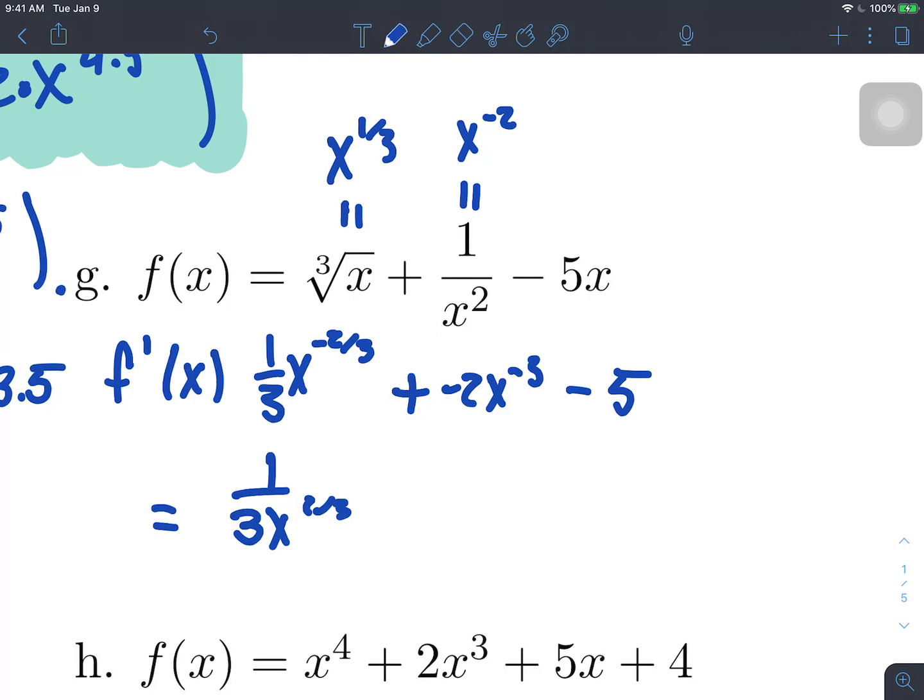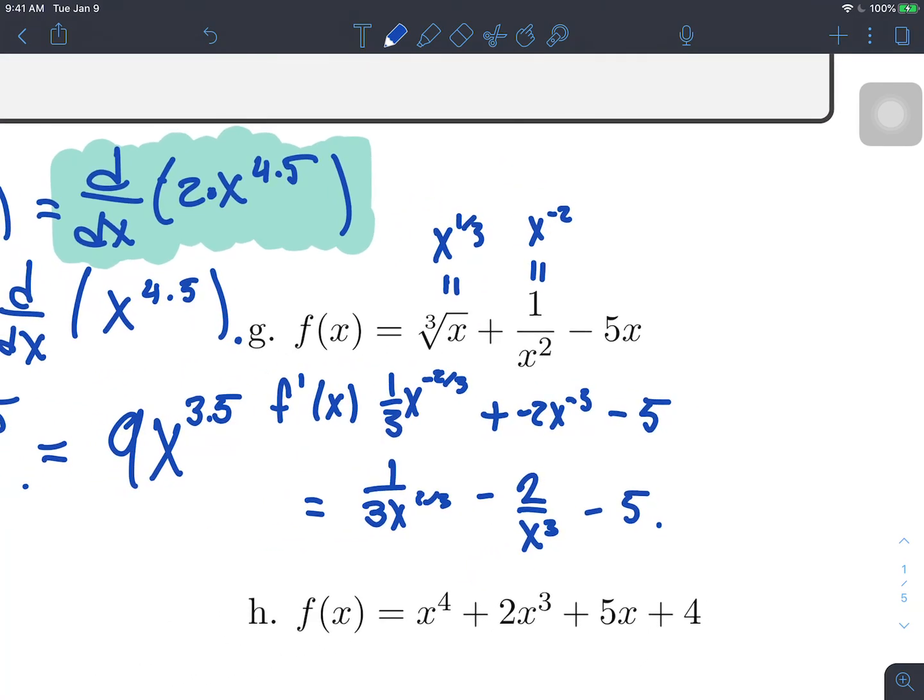x to the 2/3, minus 2 over x cubed, minus 5. Okay?